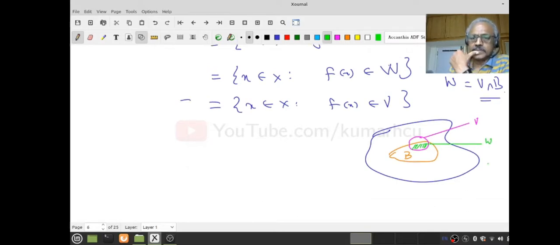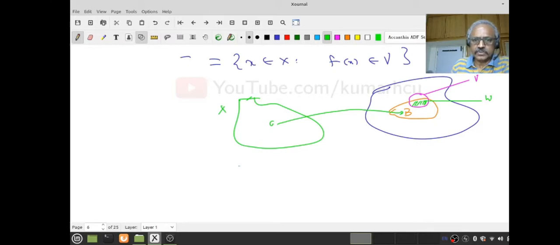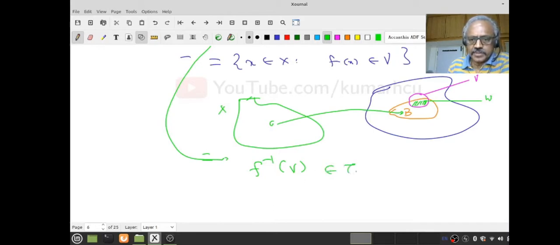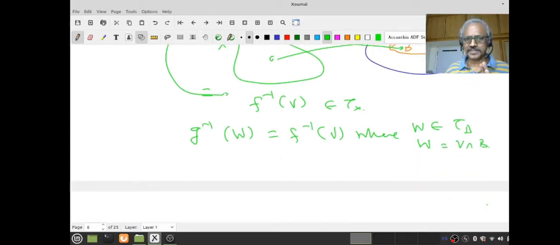But what do I know about this? What I know is, if I take x, every f of x lands only in B, therefore it is here. So this is nothing other than F inverse of V. Since F is continuous, this belongs to tau X. Therefore what I have shown is G inverse of W is F inverse of V, where W is in tau B and W is V intersection B. Okay, this is set theory. Please pause, review, proceed.